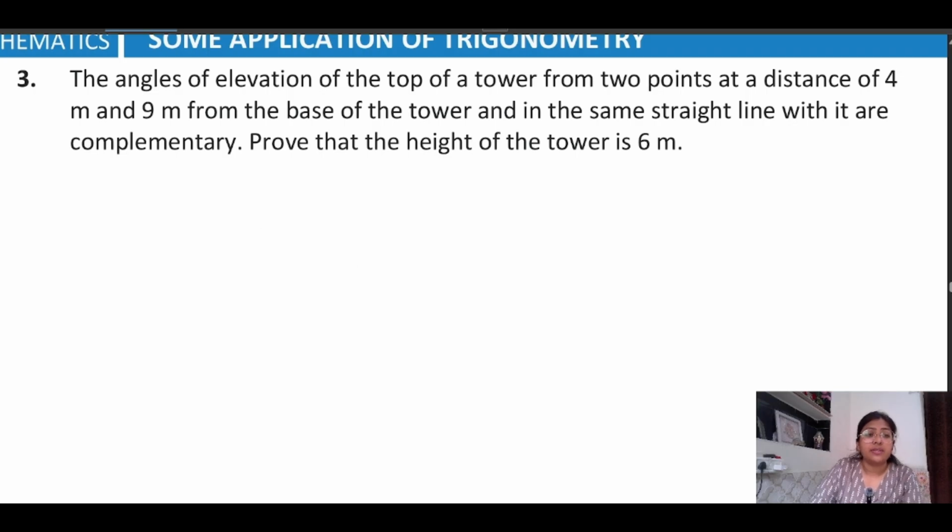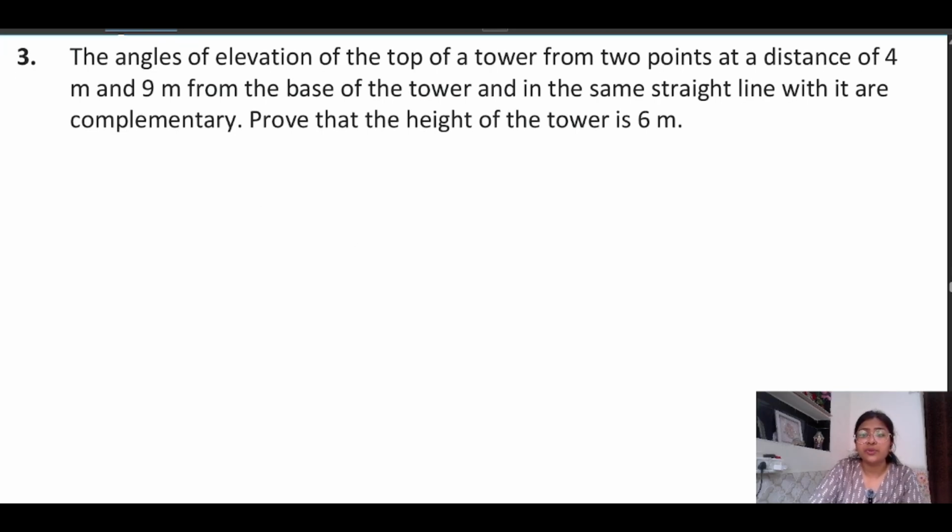The question says, read the question and try to make the figure on your own. The angles of elevation of the top of a tower from 2 points at a distance of 4 meter and 9 meter from the base of the tower, and in a straight line with it, are complementary. The angle of elevation is from 2 points.